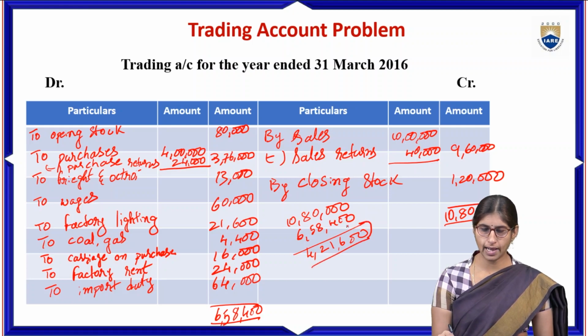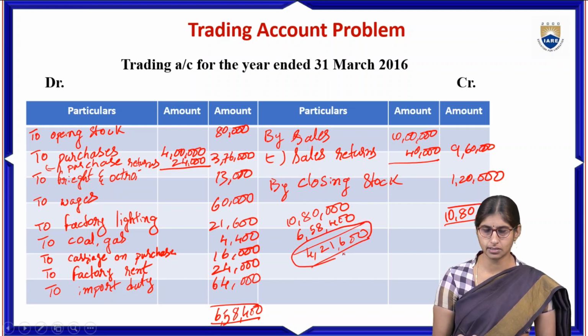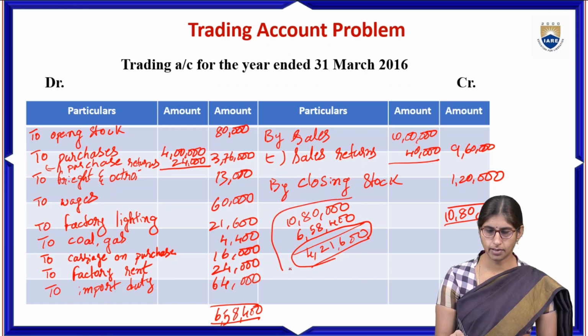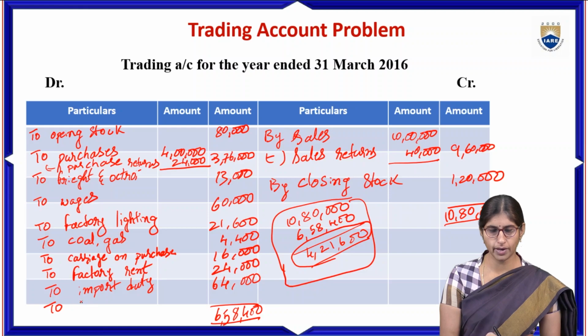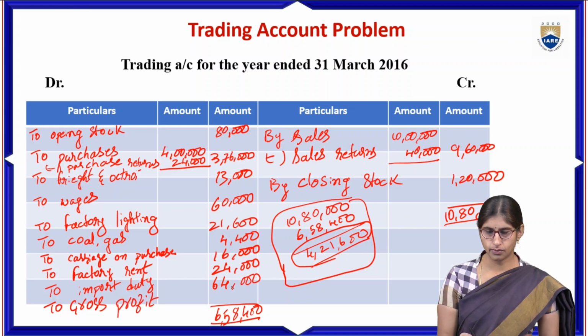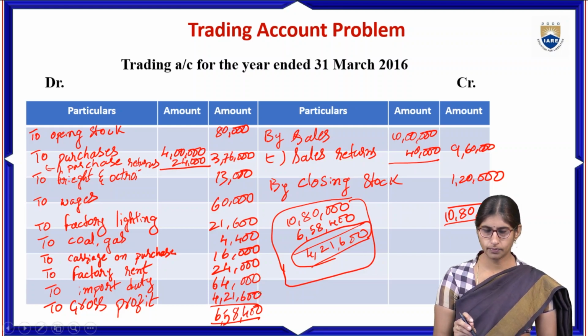So 4,21,600 is the balance. Now this is the balance where we have to write to gross profit, 4,21,600. So now the total of the debit side is also 10,80,000.